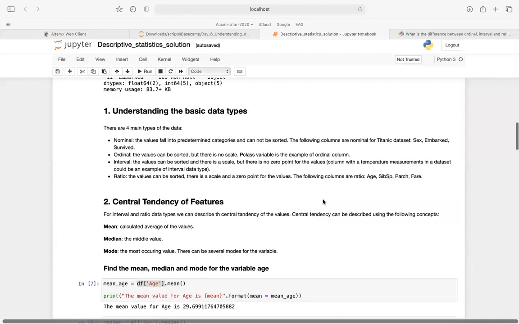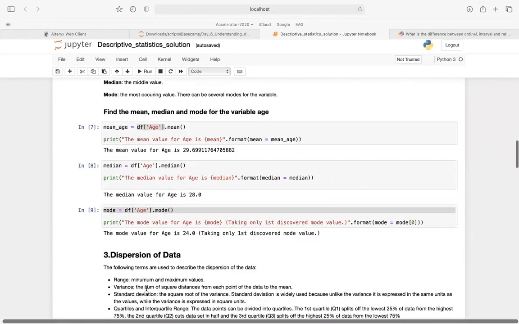That is why I use the words sum of squared distances. Is everybody clear what we mean by variance, guys? Any questions about variance? Are we clear what is variance?